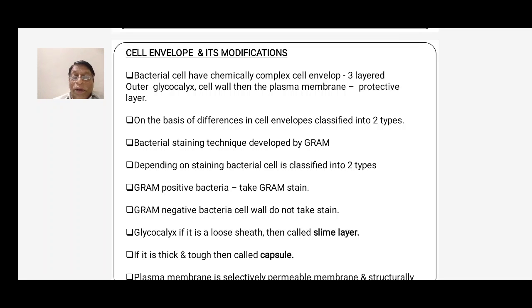Say for example, one such character is resistance to antibiotics. So plasmid gives resistance to antibiotics.